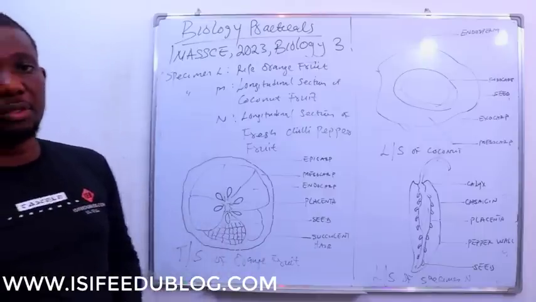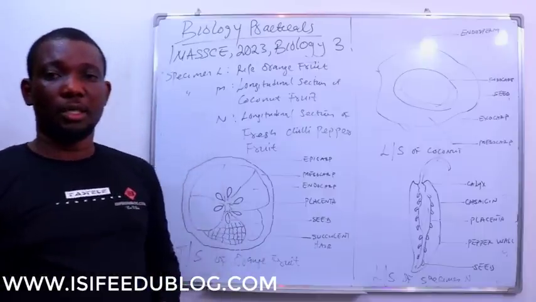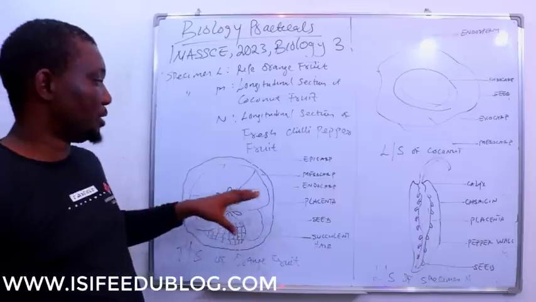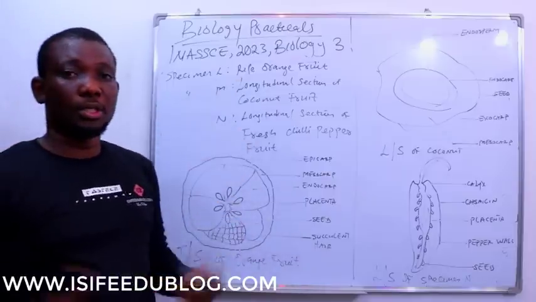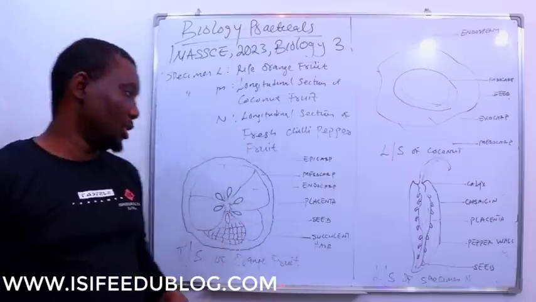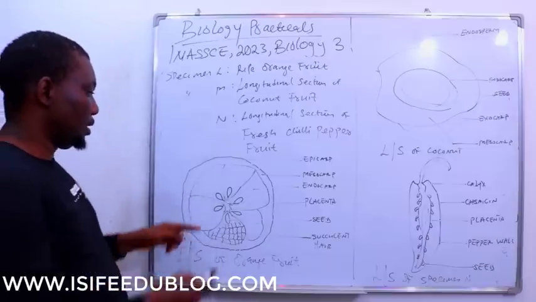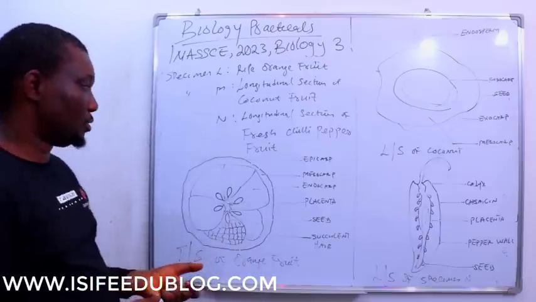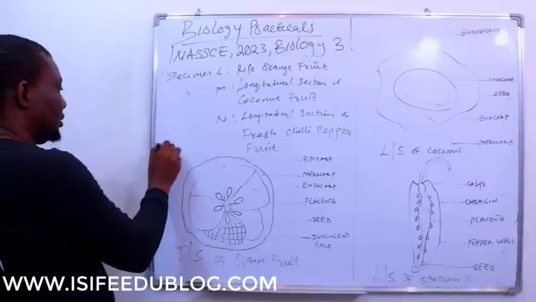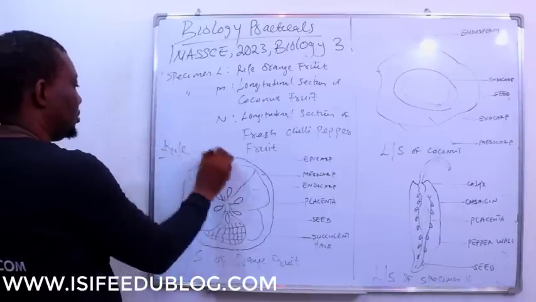And then the question may come out this way: state the type of placentation in specimen L. What form of placentation is in specimen L? Seeing the seeds arranged in the central axis, this is a typical axial placentation.